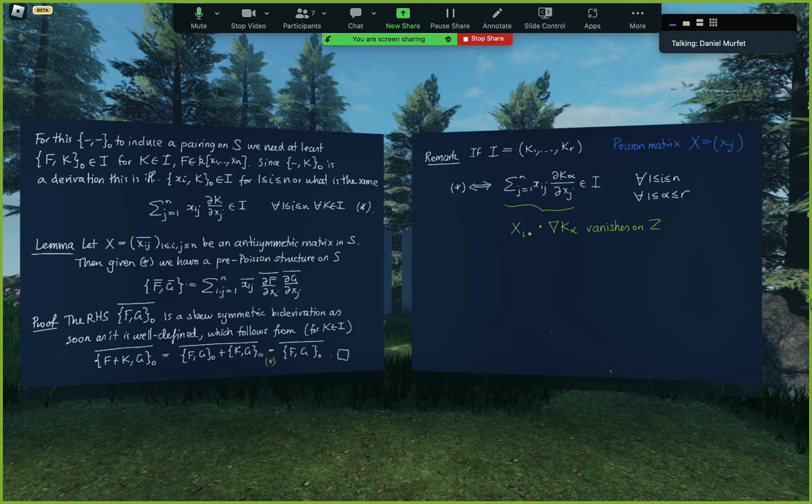So this says that xi bullet, which is a row, i.e. all rows of X are orthogonal to the gradient of K alpha on Z. Okay, so that's a kind of natural condition. I won't dig into it much further now, but you could imagine that meaning something.